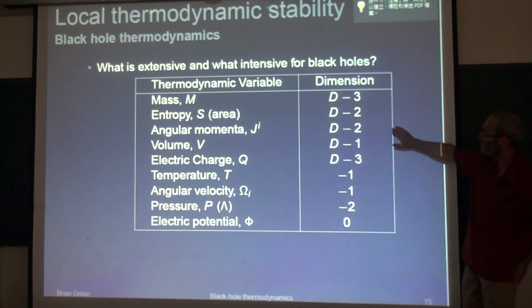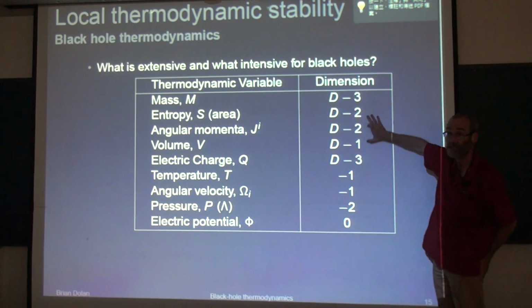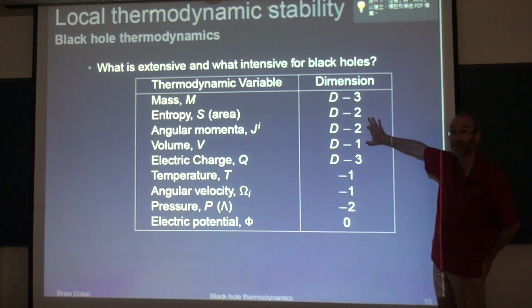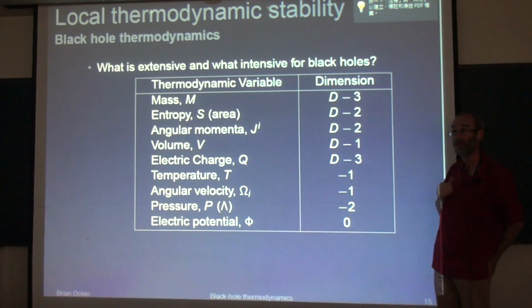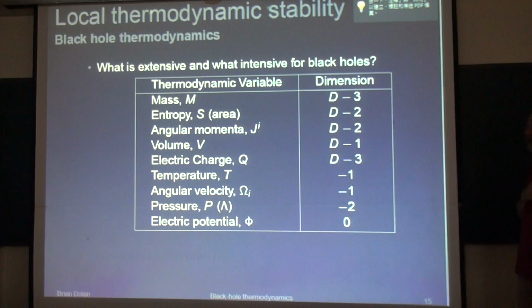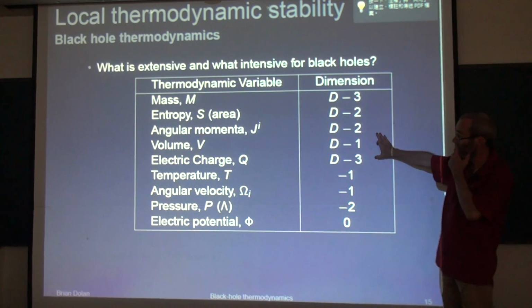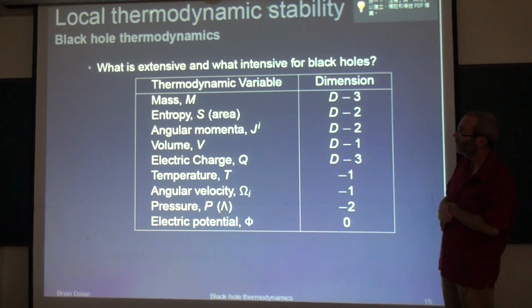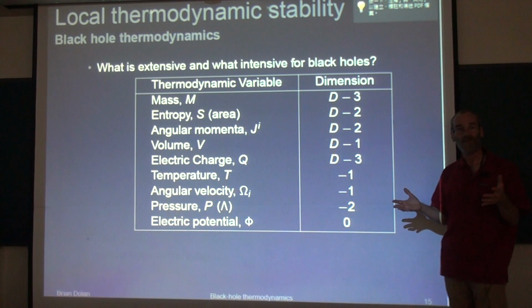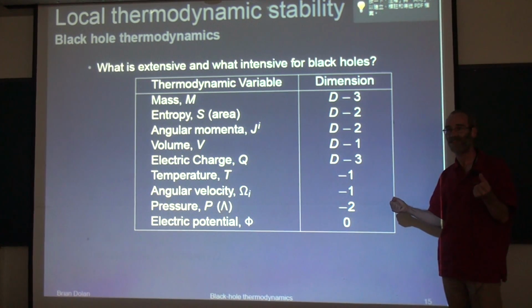Notice that the extensive variables have different scaling dimensions. In ordinary thermodynamics, all extensive variables have the same scaling dimensions. And now this is quite important. There are textbooks written in thermodynamics where one of the basic axioms is that the scaling is all homogeneous.